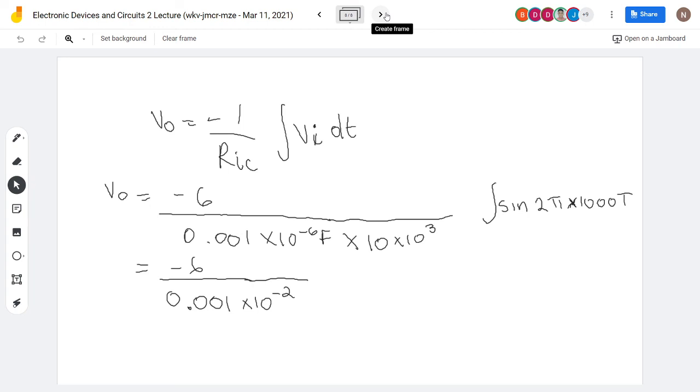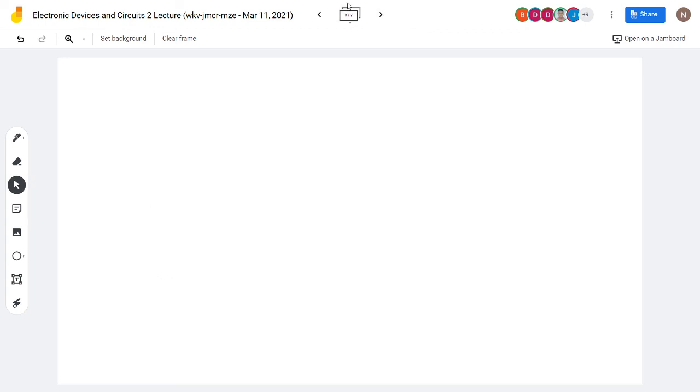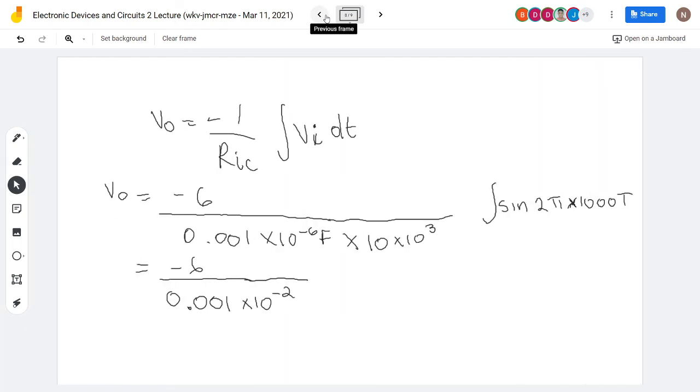So it's going to be 10 times this, which gives you 10 to the positive 4. And 10 to the positive 4 times 10 to the minus 6 is going to leave you with 10 to the minus 2. Yes, sir.